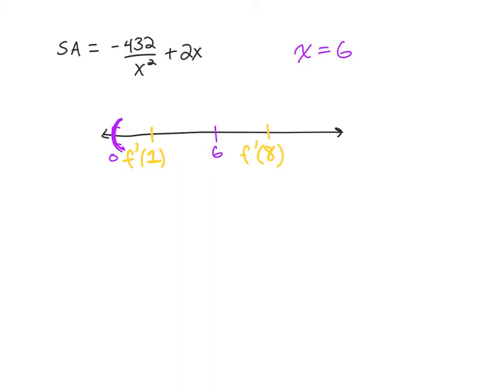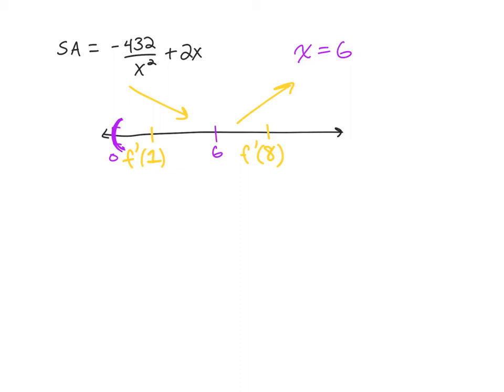And we're doing this to see if we get a decreasing interval to the left of 6 and an increasing interval to the right. Because if we get these intervals like this, then there will be a relative minimum at x equals 6.